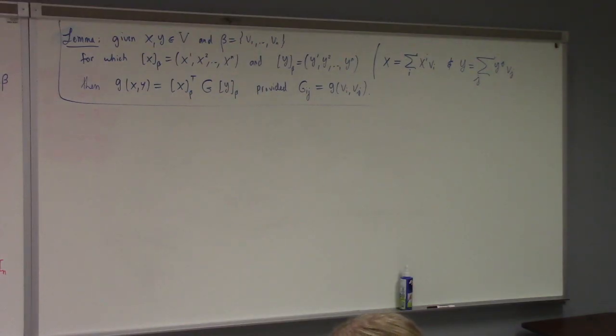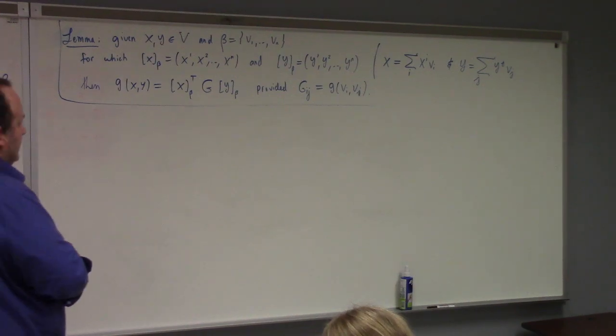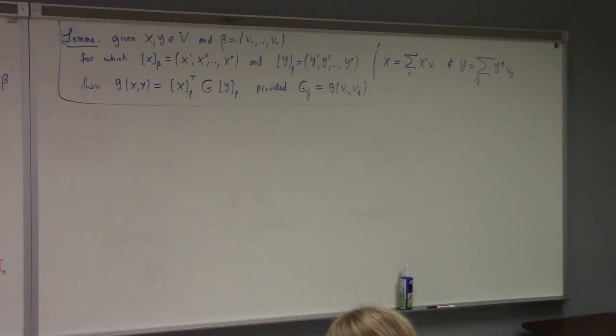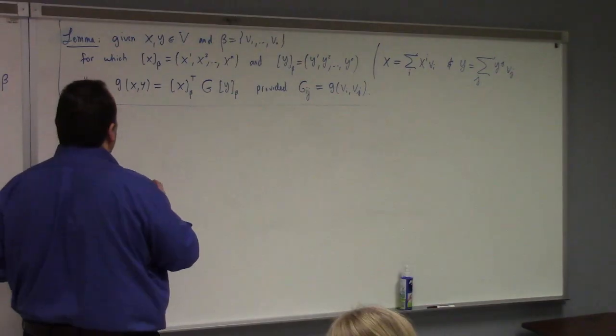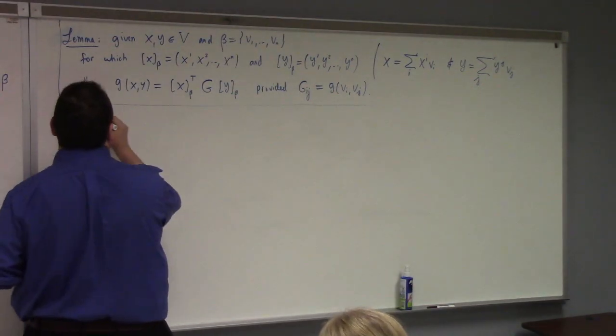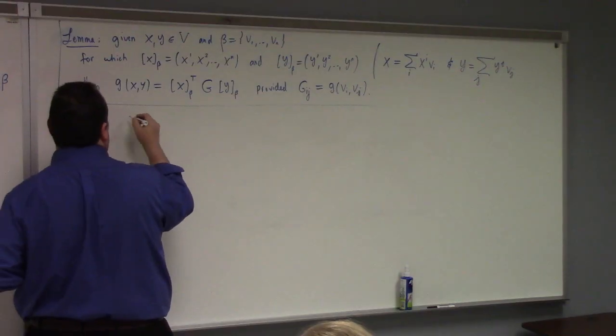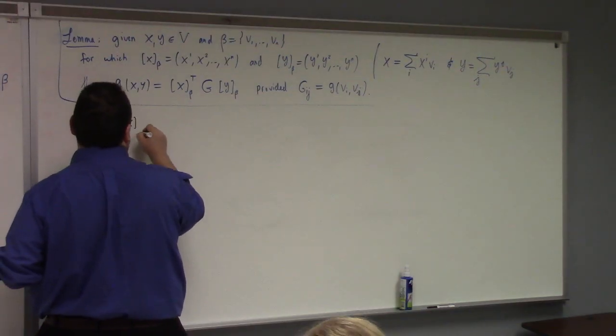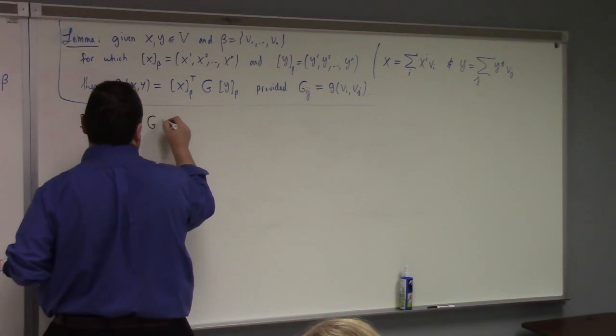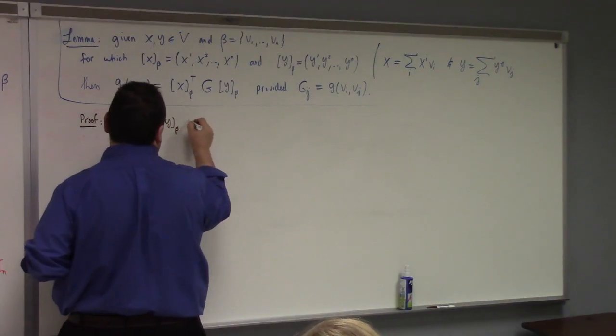So which side do you think we should start on here? I think I'm going to start on the right-hand side this time. So the proof is just a calculation, all right? So if we look at x beta transpose times G times y sub beta, right?